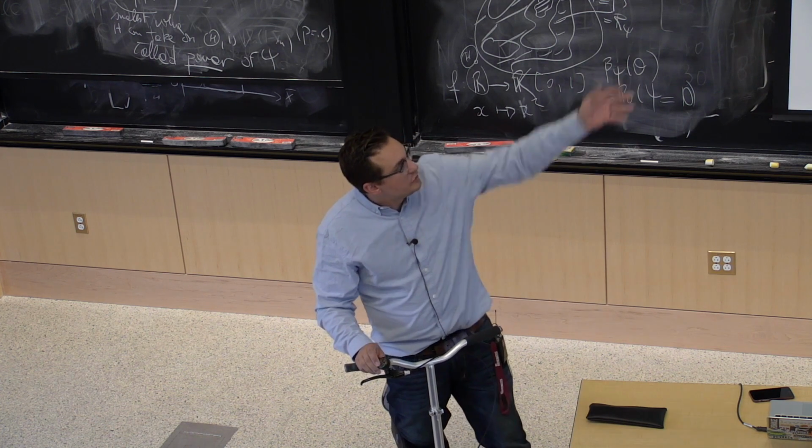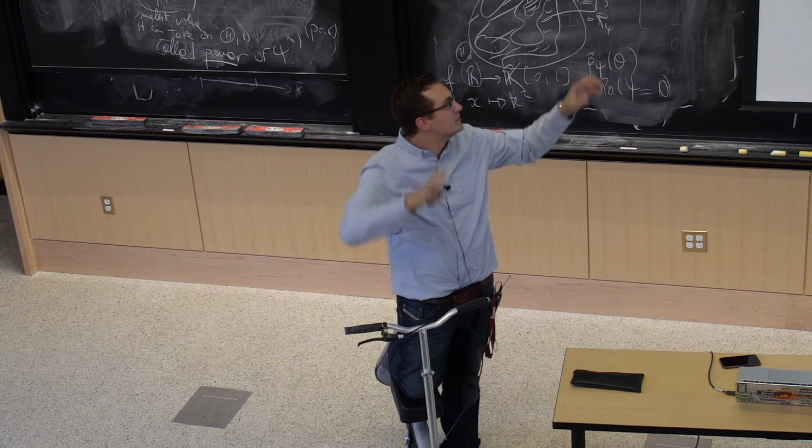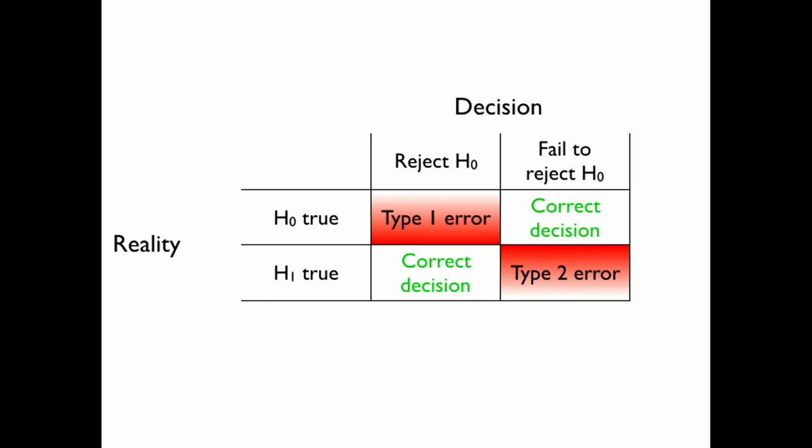So just to illustrate when do I make a type 1 error and when do I not make a type 1 error. I make a type 1 error if H0 is true and I reject H0, right? So the off-diagonal blocks are when I make an error. When I'm on the diagonal terms, H1 is true and I reject H0, that's a correct decision. When H0 is true and I fail to reject H0, that's also the correct decision to make.